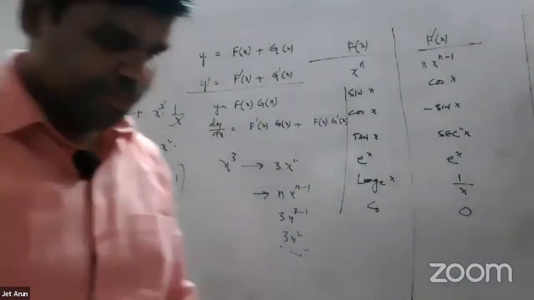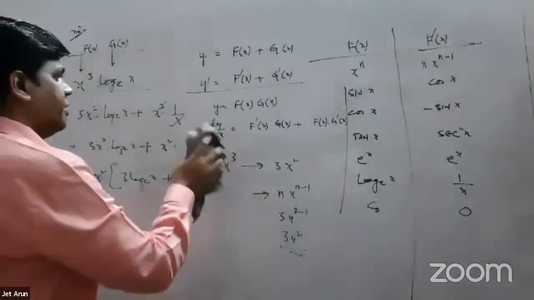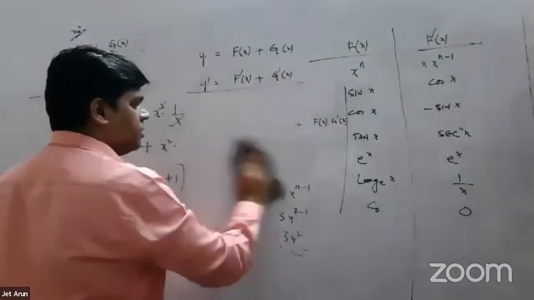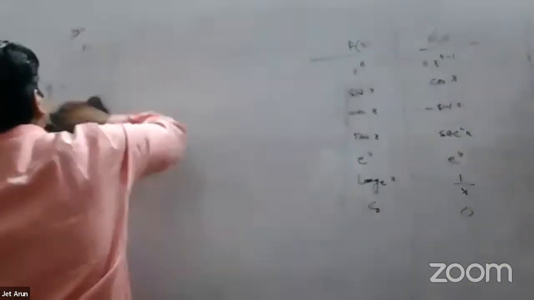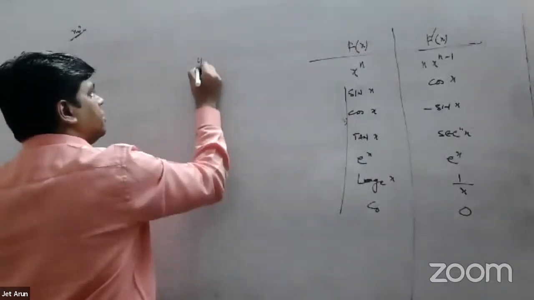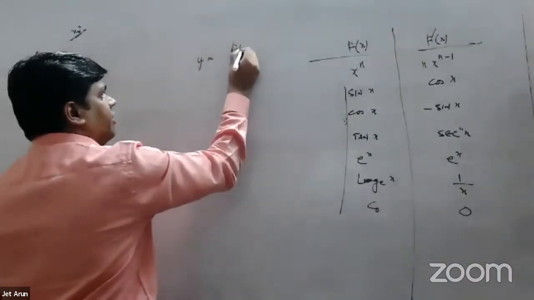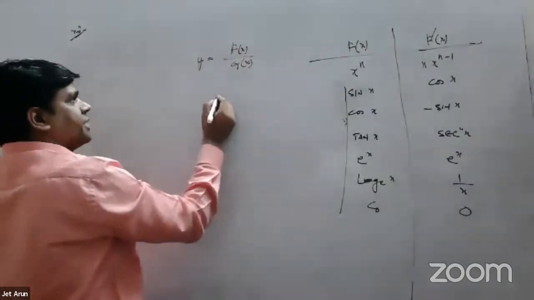All right, now let's go to the quotient rule, where I've got a function y is equal to f of x by g of x.